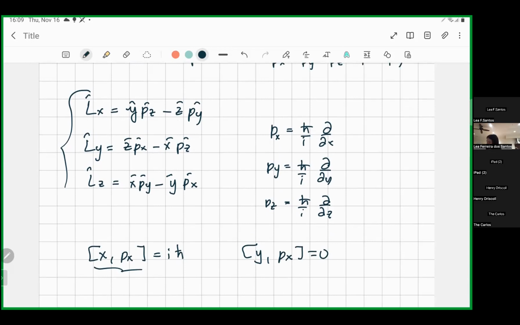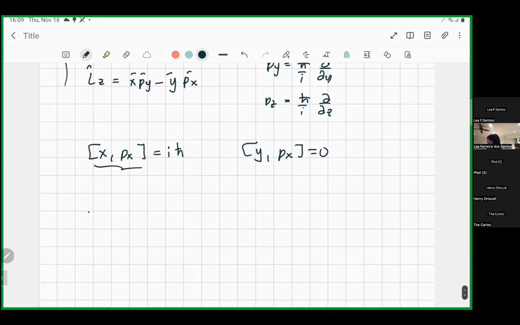You will see the same thing: just as position and momentum do not commute, the 3 components of the angular momentum do not commute.